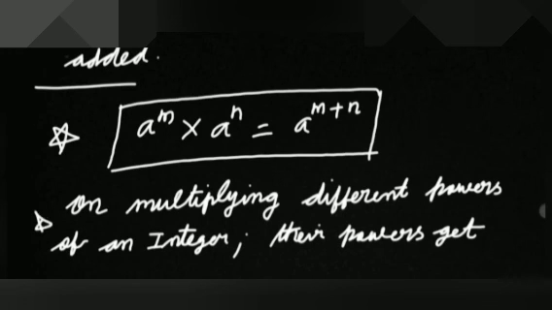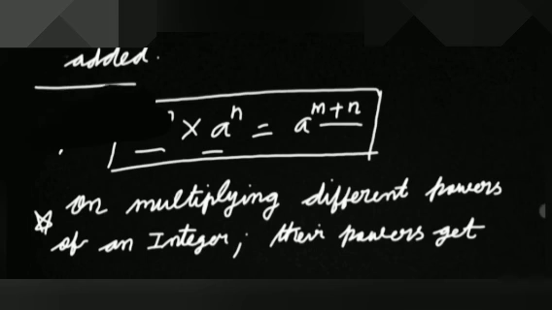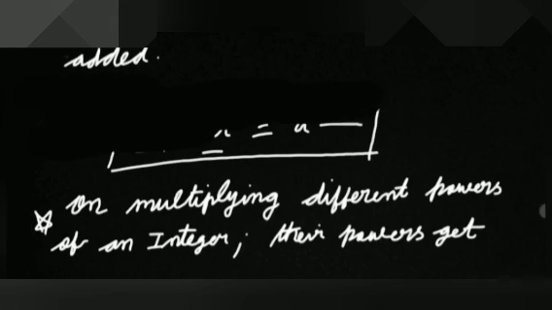Their powers get added. A raised to m into a raised to n is equal to a raised to m plus n. This is a very, very important law of exponents, and it is known as the product law of exponents.